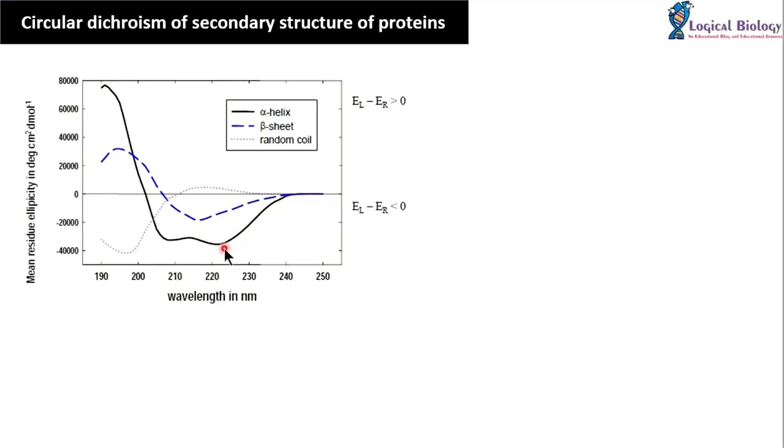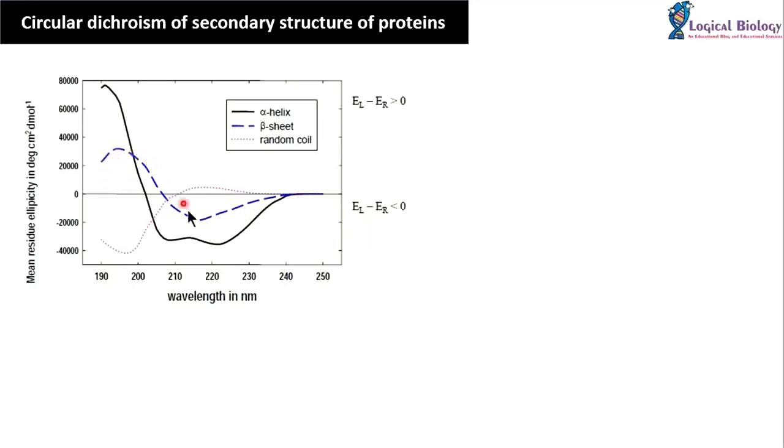So there are 3 bands of circular dichroism for alpha helix, 1 positive and 2 negative. Positive means the absorbance of left is more than the absorbance of right, and negative means the absorbance of left is less than the absorbance of right.